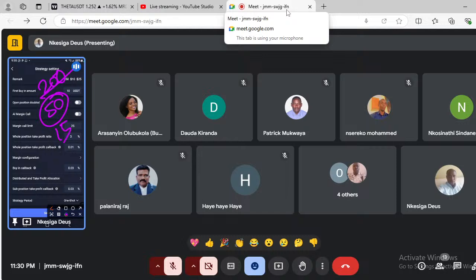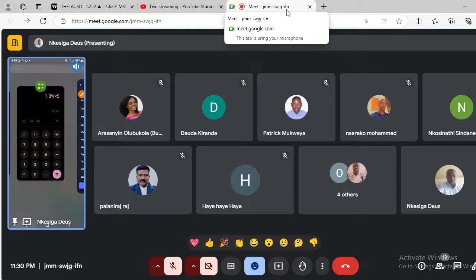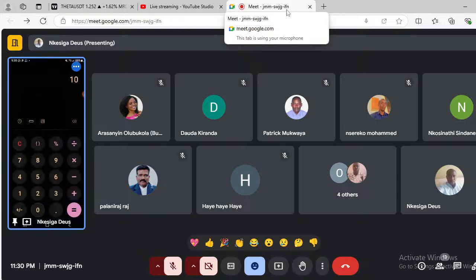And let us assume you are having 10 coins. Meaning trading 10 coins, it means you need 10 times 200. Can you see that? You have already 2,000.